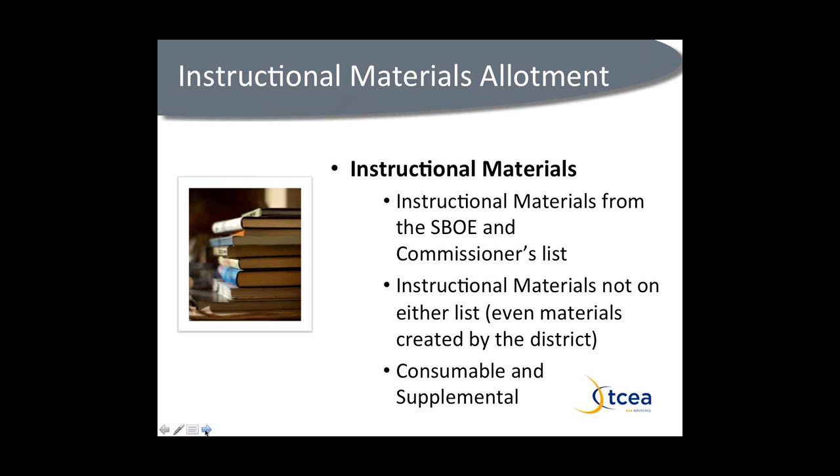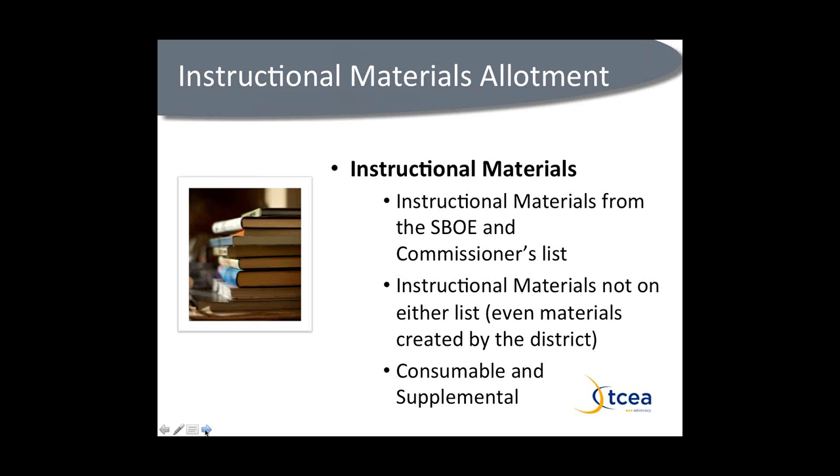You no longer just tell the state how many kids you have in your district and they send you the books. Instead, the district now looks at what their learning objectives are, what they want to accomplish, what resources are best going to meet their students, and then they have an amount that they can spend on those materials. They could be materials off the State Board of Education approved list, or they could also be from what is called the Commissioner's List, which very few school districts have purchased off of.